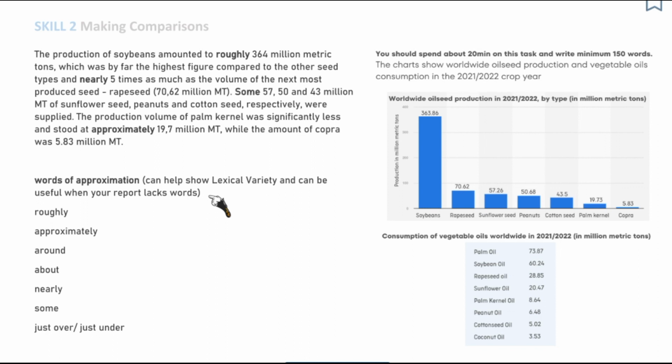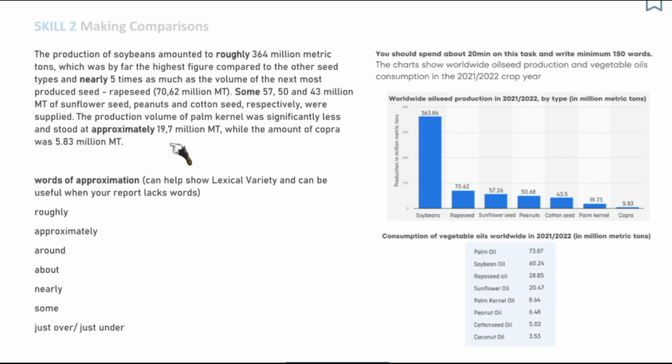And sometimes the use of words of approximation can help you in situations when your visual doesn't have a lot of information, so you need to find extra words to be able to write 150 words minimum. In these situations, these words of approximation can also be very useful.